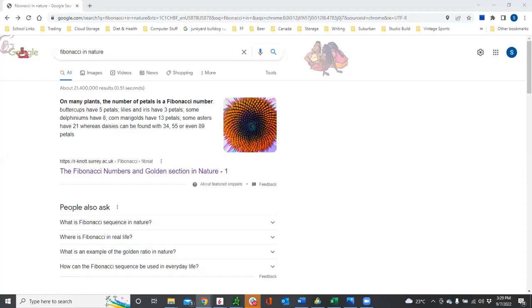Okay, so a lot of you are familiar with Fibonacci already. Give me a 1 if you're familiar with it. Give me a 2 if you actually use it in your trading.